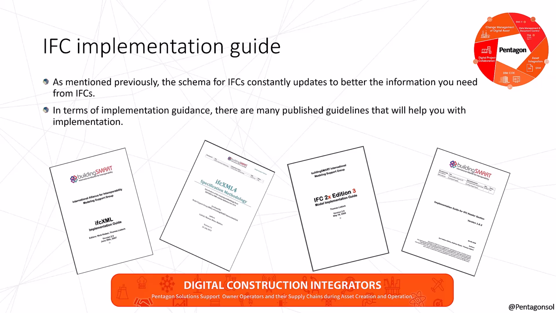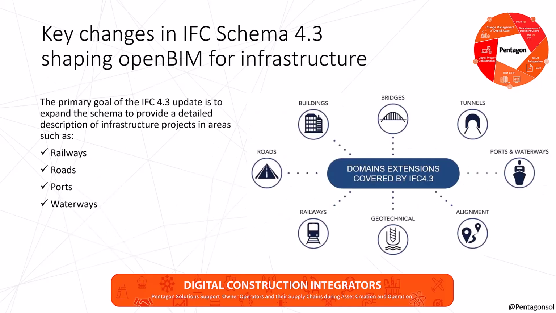So, Stephen, how do you think IFC 4.3 differs? Yeah, there have been key changes in the IFC schema for 4.3 for infrastructure. IFC 4.3 represents an undeniable breakthrough in the AEC industry. This new version of the standard brings with it a series of key modifications and enhancements that have significant impact on infrastructure projects.